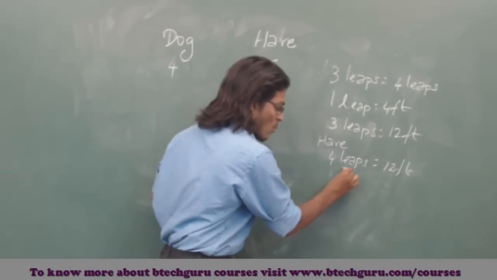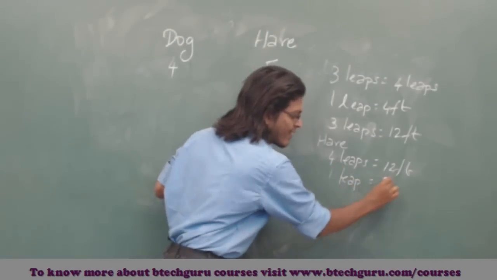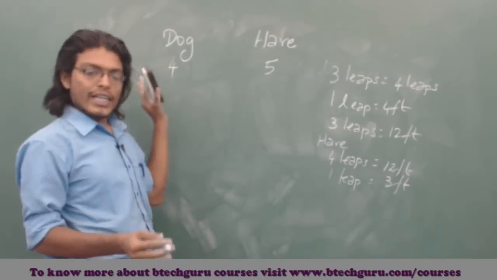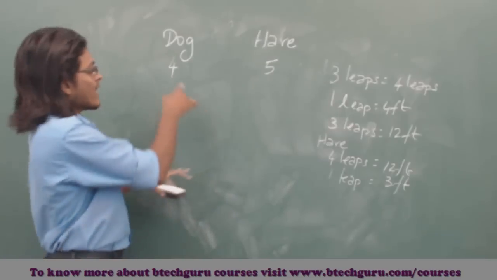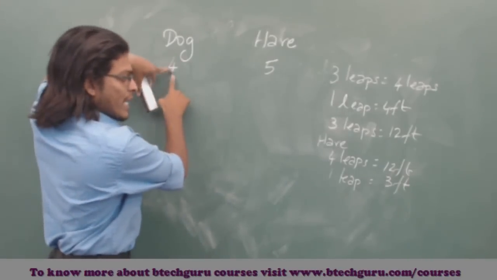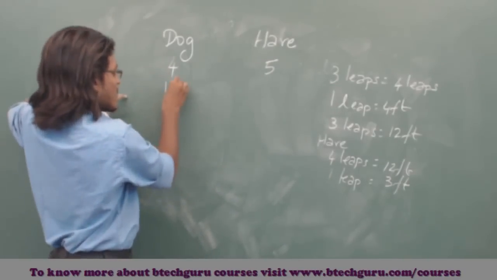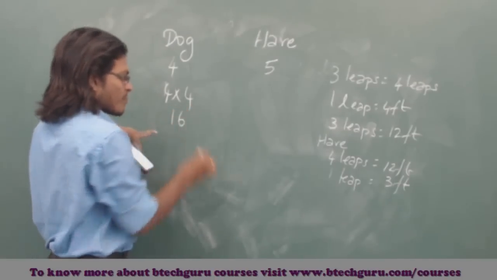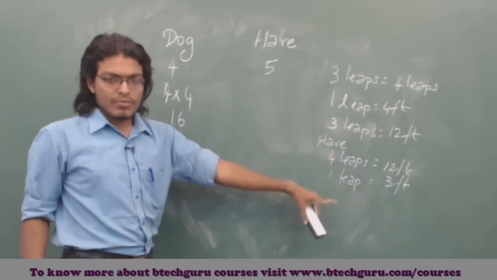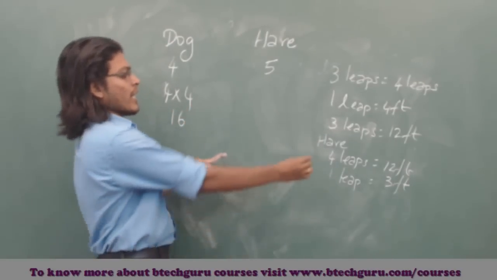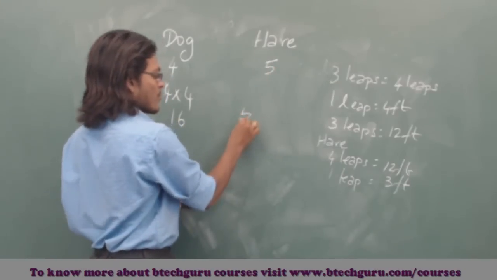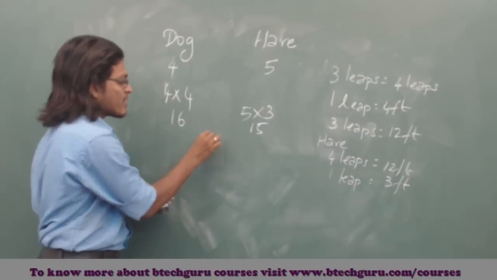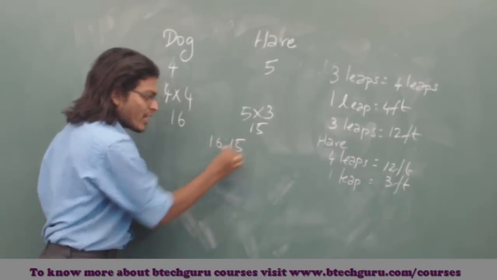Right. So in 1 leap it will cover 3 feet. Now how many leaps do the dog and hare take? This is 4. In 1 leap it is 4 feet. So it is 4 into 4, 16. Right. In the hare, it takes 5 leaps. So 5 into 3, 15. So the distance ratio is 16 to 15.